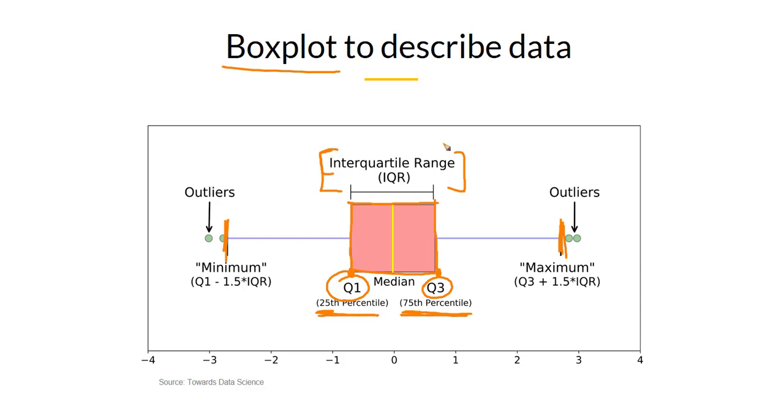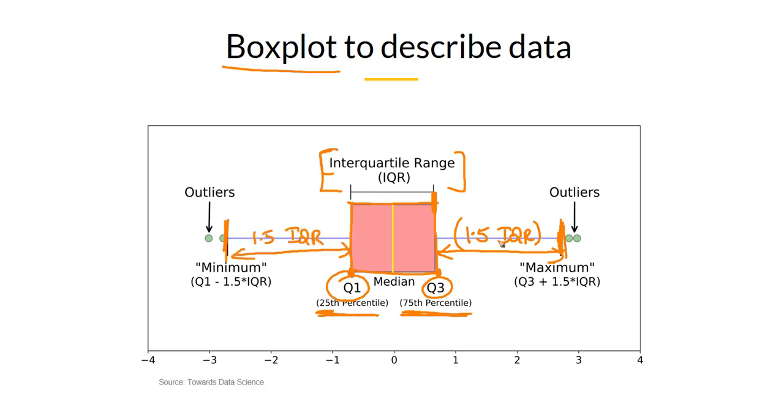This is a standard statistical term, right? First quartile, third quartile, and interquartile range. Now there's a certain distance between the end of the box, that is the third quartile, and the end of this whisker. Similarly, we also have a whisker over here. So the distance from this point to the end of the whisker is 1.5 times the IQR. Likewise, this distance is also 1.5 times IQR.